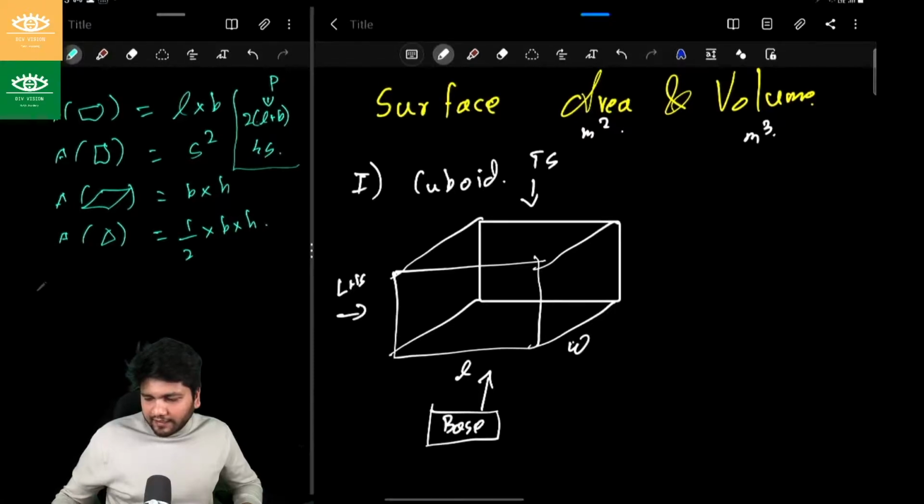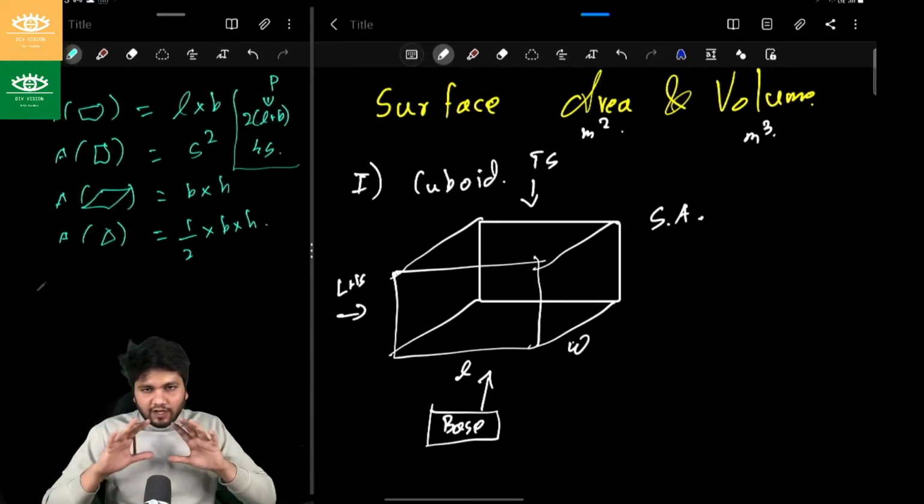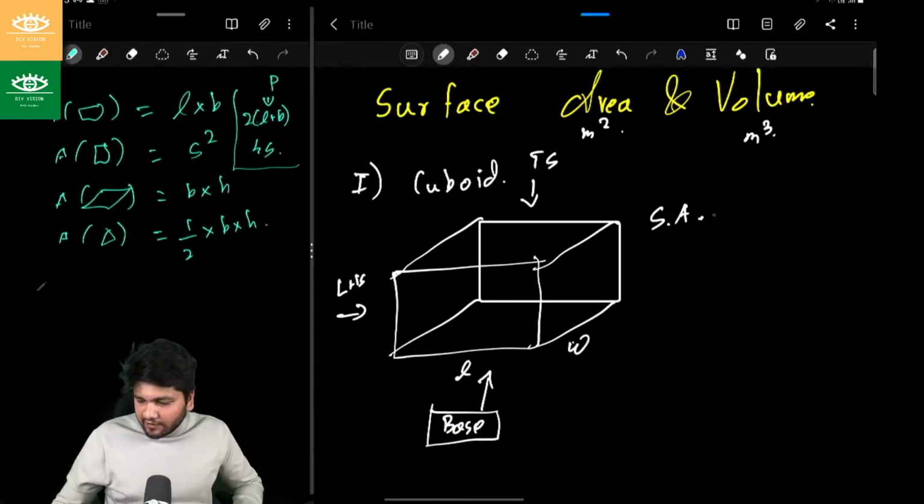Now, as I told you, surface area means how much paper do we require to cover that complete box? It is based on 6 rectangles. We'll talk about the front view, then the back one. As you can see, the length of the front one is this part, and this portion is the height.